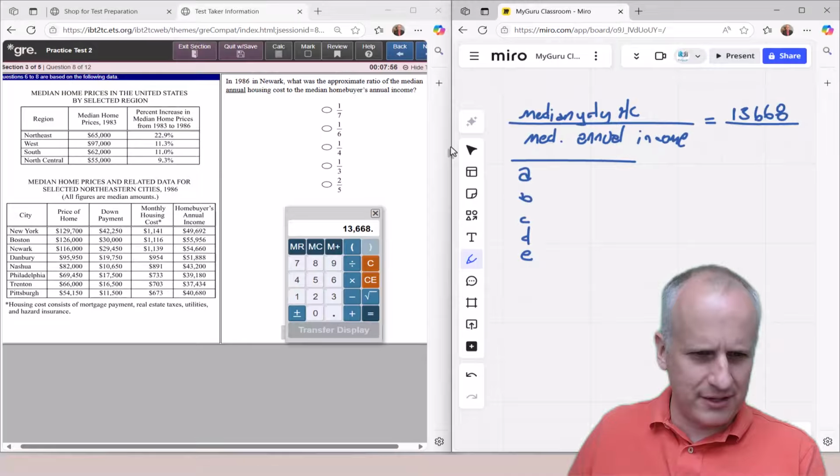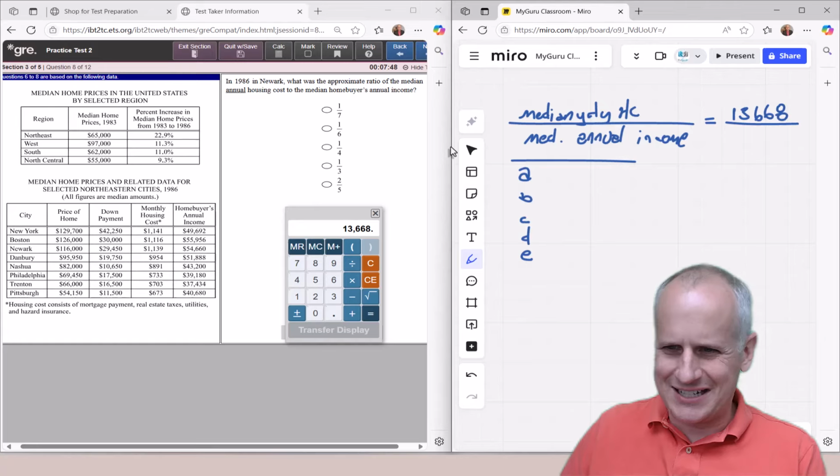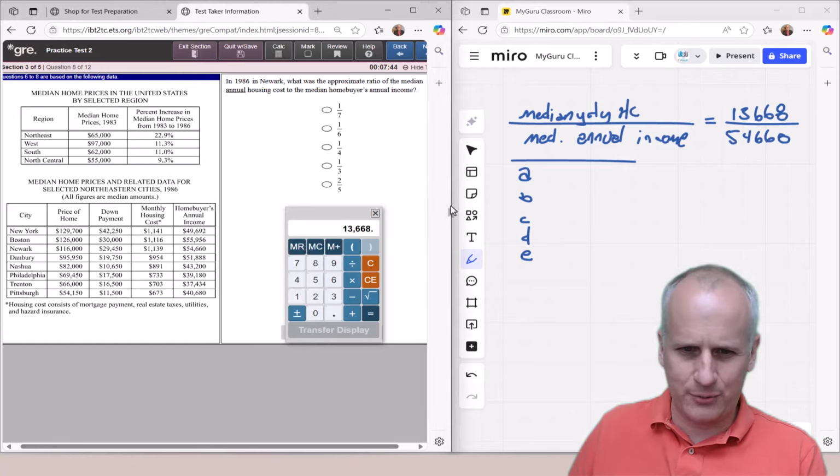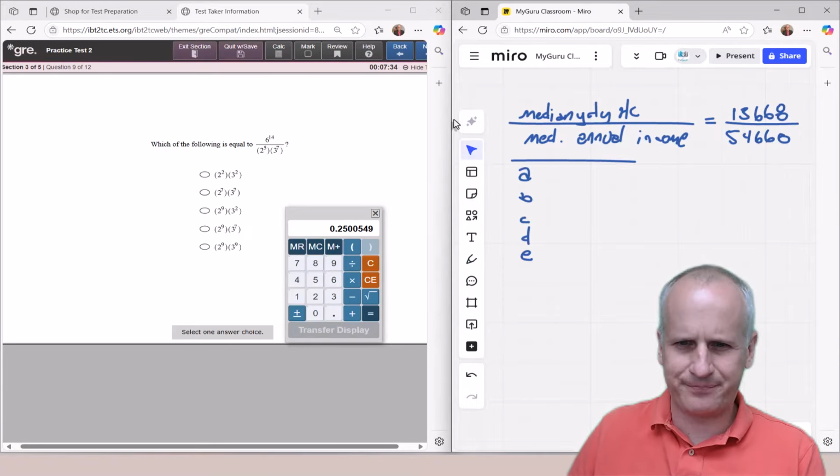And then we just come down here to Newark once more, which is going to be my 54,660. I'm going to use the calculator once again, 54,660. And there's my 25%, or 1/4. We can select that and move on to the next question.